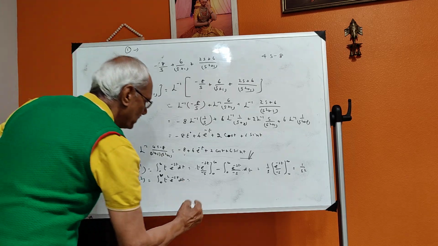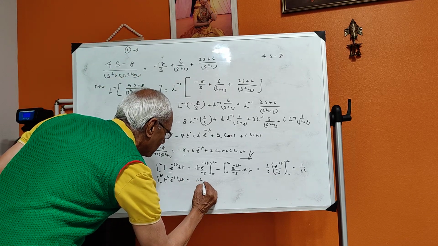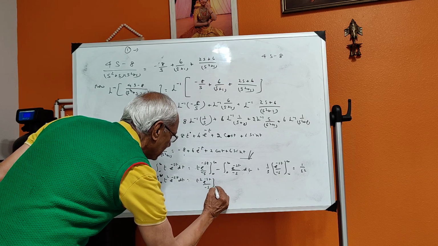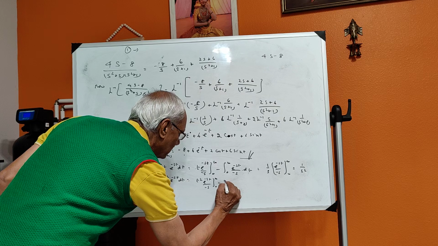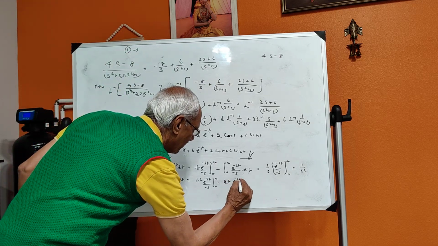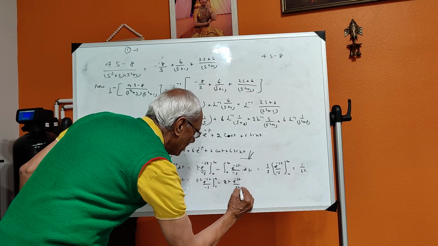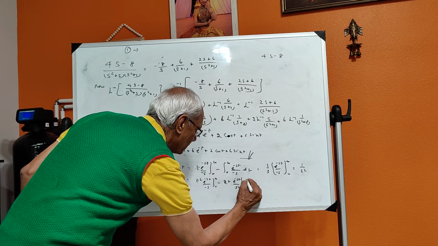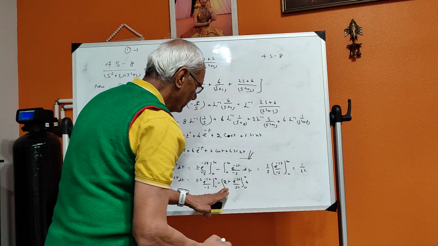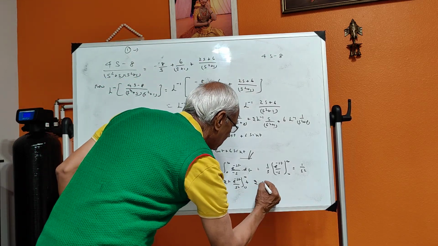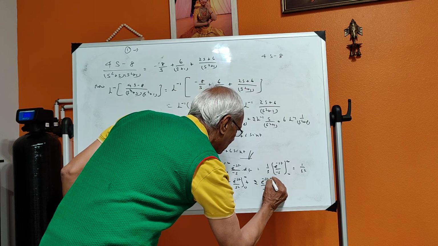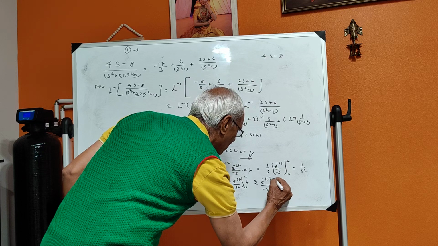So use Bernoulli's method of integration: t squared into e to the power of minus st divided by minus s from 0 to infinity, minus 2t into e to the power of minus st divided by s square from 0 to infinity, plus 2 into e to the power of minus st divided by minus s cube from 0 to infinity.